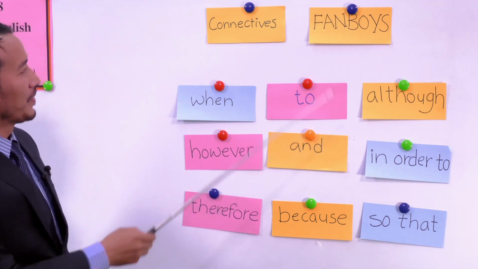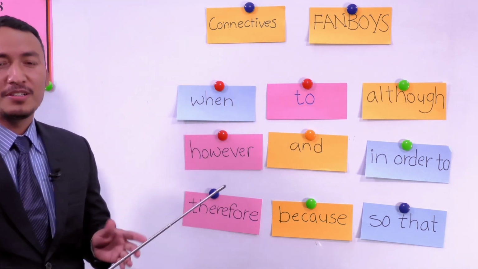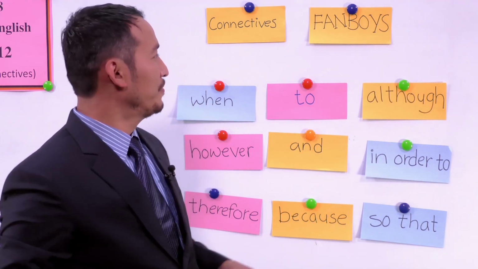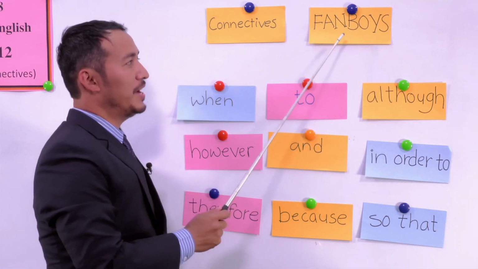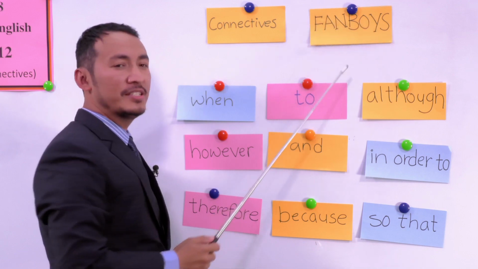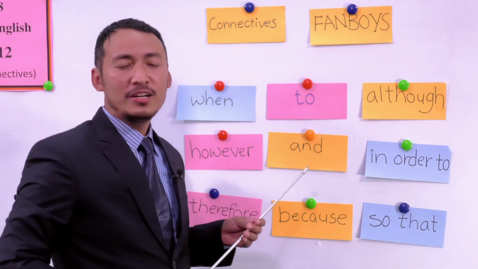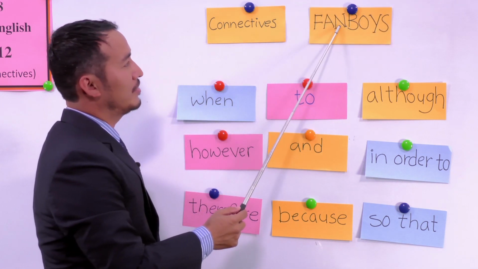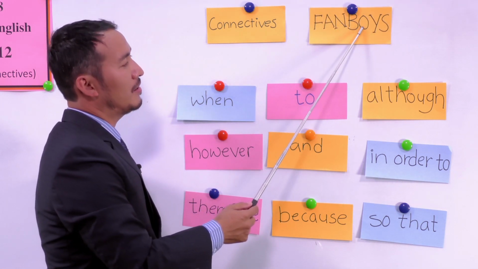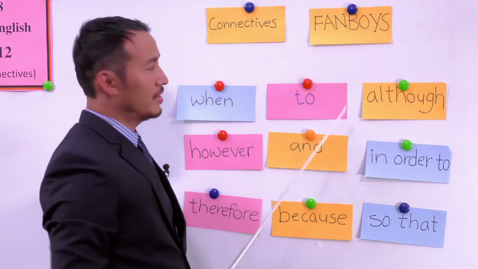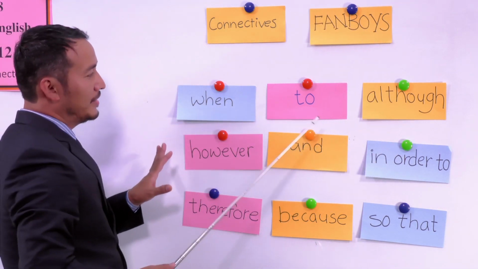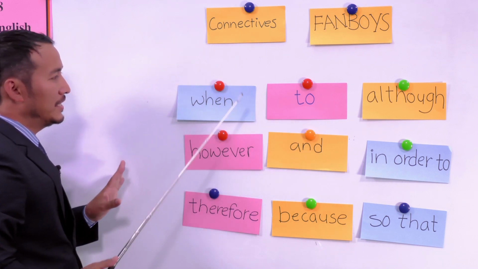Well, students, we have talked about different types and categories of connectives. First, let me remind you, we have talked about FANBOYS, the list of coordinating conjunctions. F for, A and, N nor, B but, O or, Y yet, and S so. Do you remember, are they coordinating or subordinating?